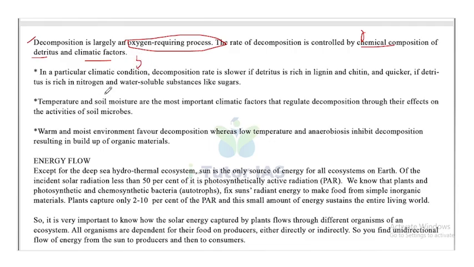In a particular climatic condition, the decomposition rate is slower if the detritus is rich in lignin and chitin, and it will be quicker if the detritus is rich in nitrogen and water soluble substances like sugar.